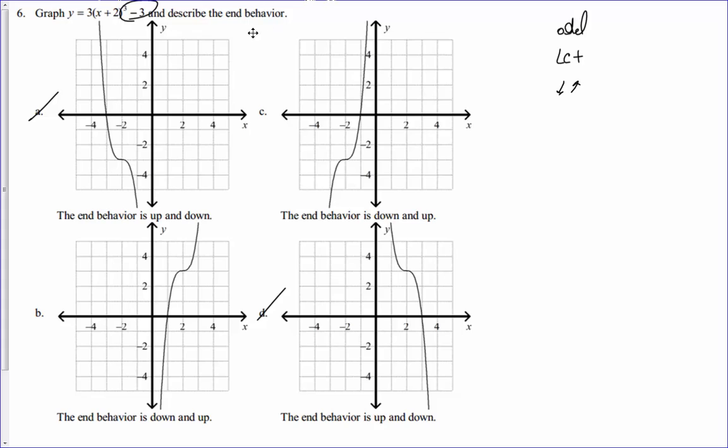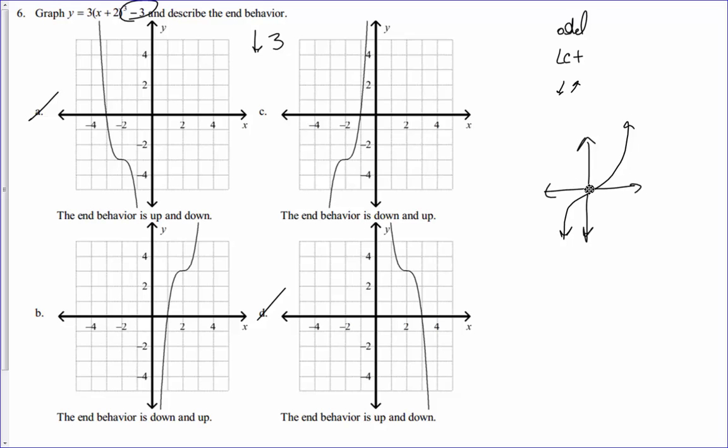Well, this -3 means this graph moves down 3 units. Well, if you look at the normal x cubed graph, it looks like this. It comes up, goes through the origin, and continues on up. So this little wavy part in here normally goes through the origin.